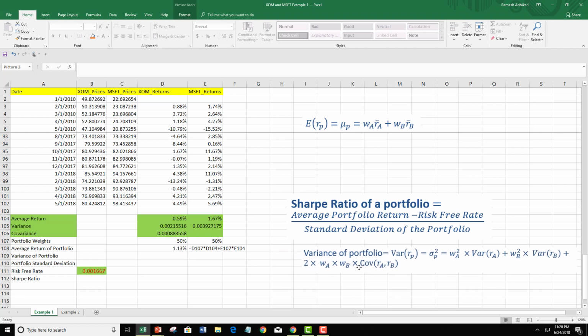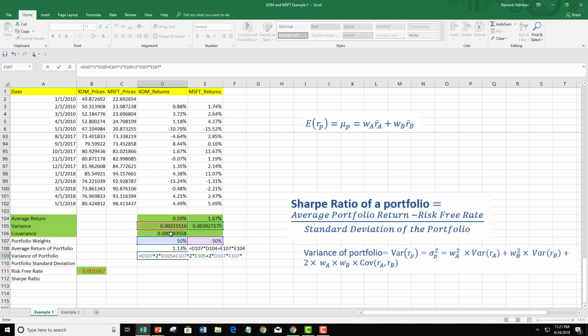So I'm going to use this formula and compute portfolio variance equals the proportion of money spent on XOM, its square, times the variance of XOM stock, plus the proportion of money invested in MSFT, its square, right, times the variance of MSFT, plus 2 times the proportion of money invested in XOM times the proportion of money invested in MSFT times the covariance of these two stocks, right?